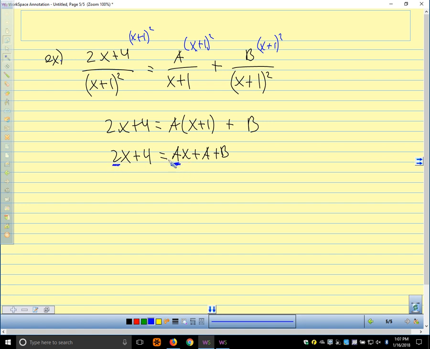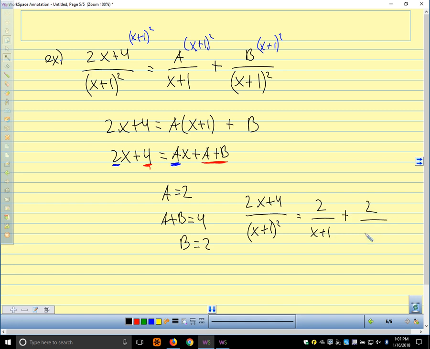Whatever's in front of the x has to be in front of the x on that side. So a has to be 2. And a plus b, whatever is by itself, without any variables, has to be the same as that. So b is 2. That one's an easy one. So we get that 2x plus 4 over x plus 1 squared equals 2 over x plus 1 plus 2 over x plus 1 squared.